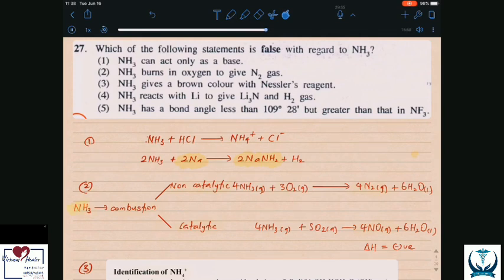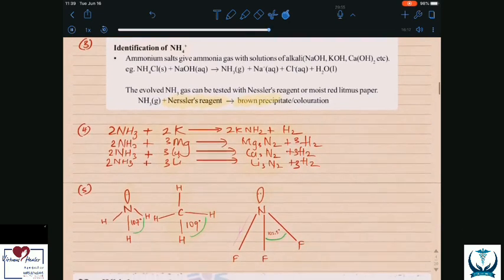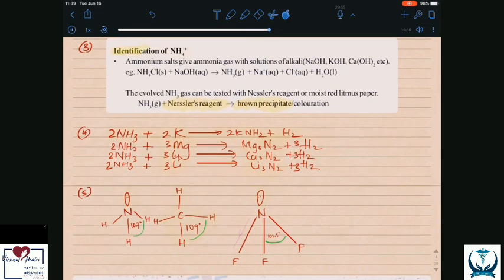Reaction of ammonia with oxygen can occur under two conditions, catalytic and non-catalytic. In the catalytic condition, it produces NO gas, while in the non-catalytic condition, it produces N2 gas. With Nessler's reagent, ammonia gives this brown precipitate, which is part of the identification reactions of ammonia.